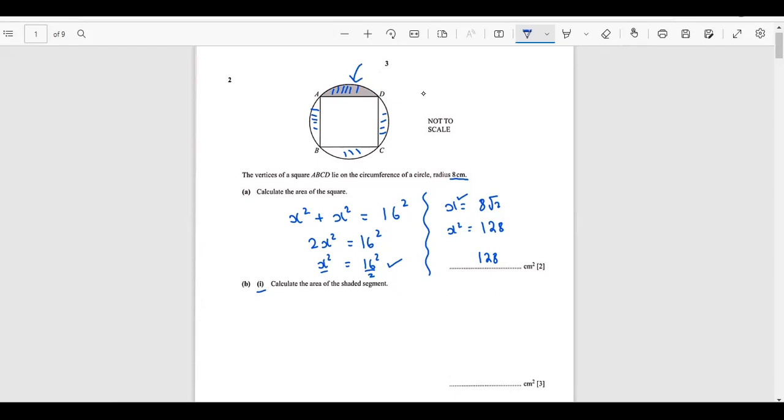That would be this. Okay, let's see. So the area of this circle would be pi r squared minus 128. So this is going to give you 64 pi minus 128.